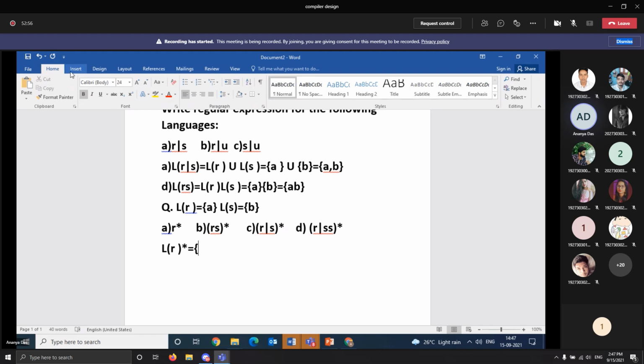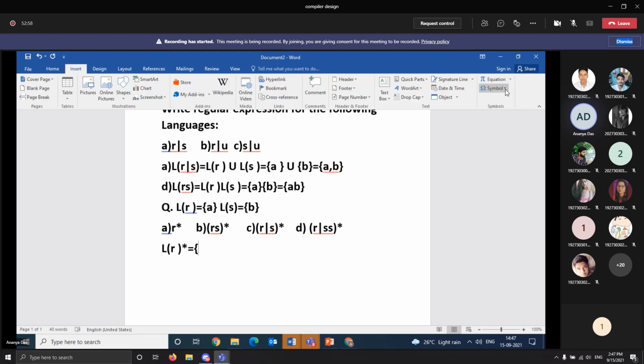Okay, so let me insert epsilon first. So epsilon will be one of the member. उसके बाद आप जितना भी उसका occurrence आप उसको दे सकते हो. Occurrence of A, because R value is A here. Okay, double occurrence of A is also allowed. Triple occurrence of A is also allowed. 4 occurrence of A allowed, and so on.